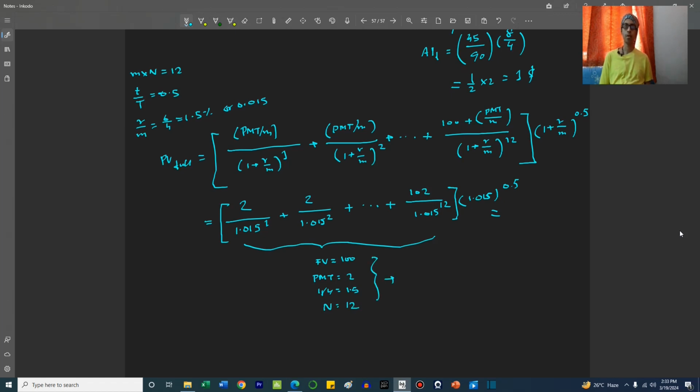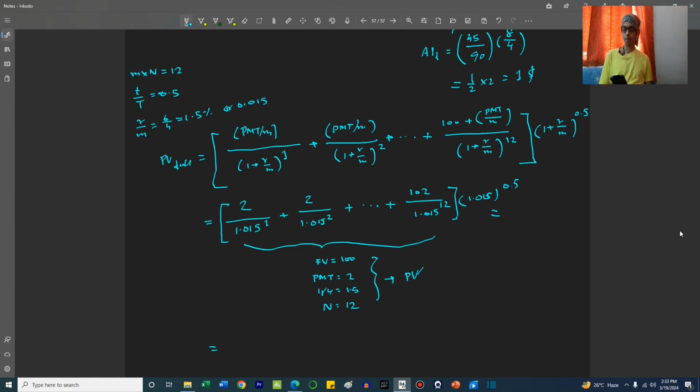We need to find out the present value or the PV dashed. So this becomes 2 is the PMT, 100 is the FV, 12 N, 1.5 is the required return. We can compute PV.